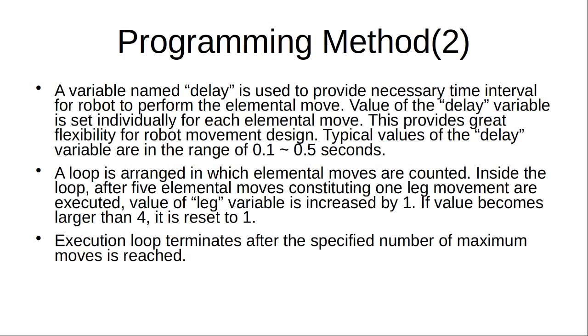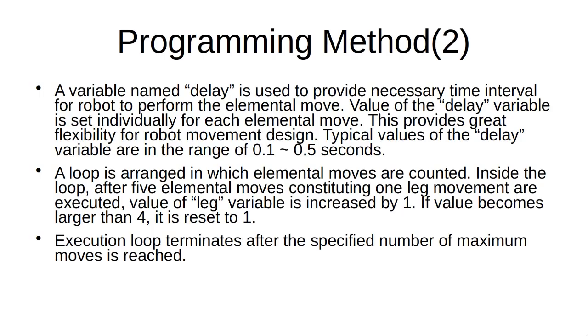Value of the delay variable is set individually for each elemental move. This provides great flexibility for robot movement design. Typical values of the delay variable are in the range of 0.1–0.5 seconds.